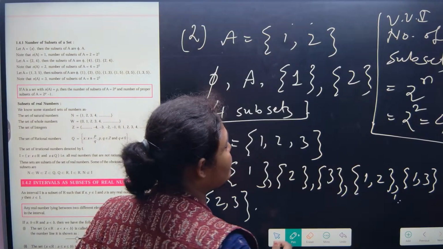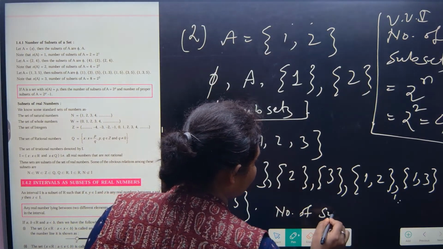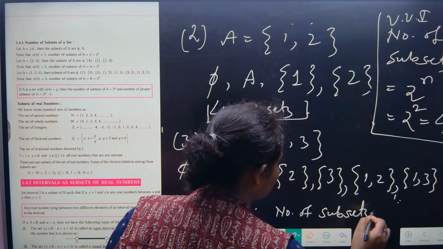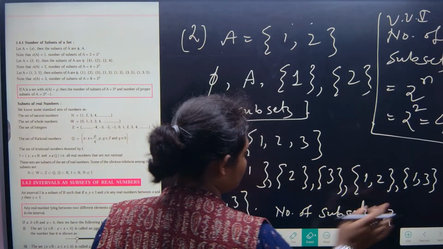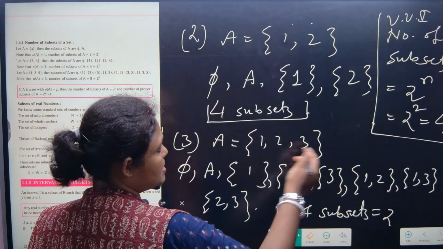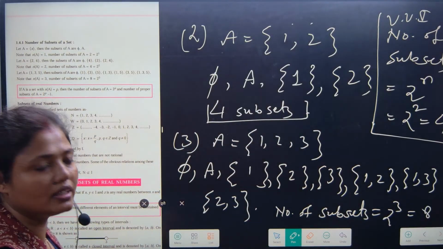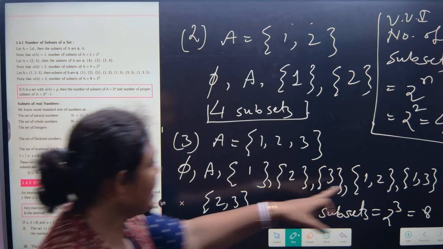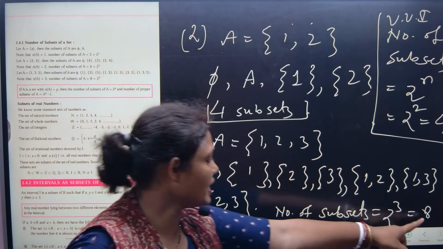So let us verify the number of subsets. The number of subsets equals 2 to the power n, where n is the number of elements in the set. It is 2 cubed, 8. So we are done. How many subsets? 8 subsets.